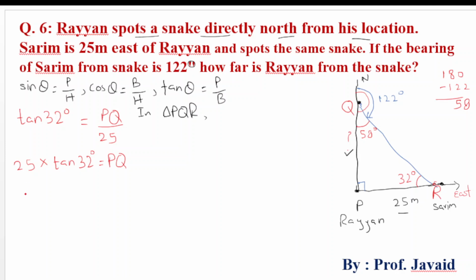Now at the end, let me find the answer. PQ with the help of calculator is 15.6 meter. Because meter is given here, and this is not physics where you have to convert to SI units, whichever unit is given in the question, you will apply that unit.